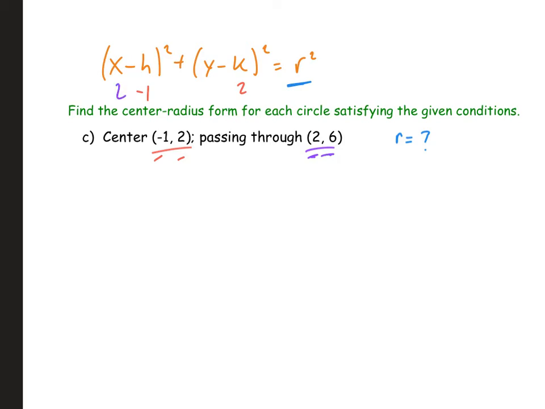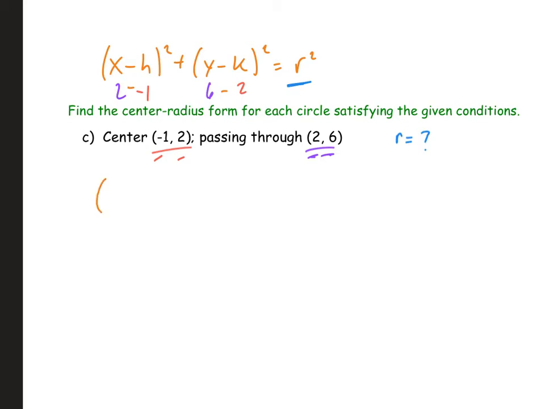So our x value being 2, and our y value being 6, and then we've got to make sure that we subtract x minus h and y minus k. So basically it's going to be plugging everything in and solving for r. So we'll do that a little more formally.